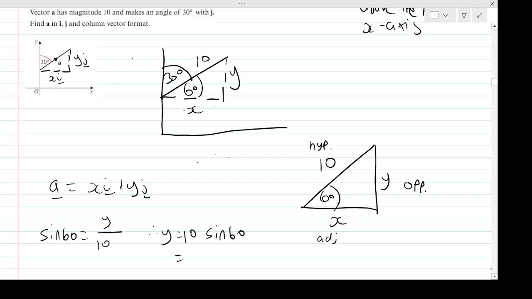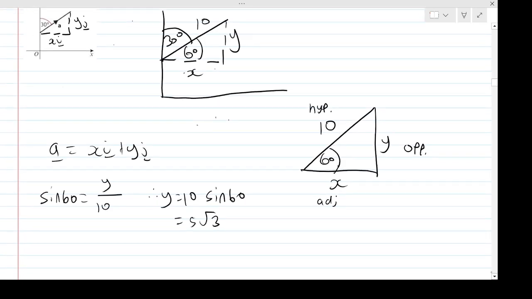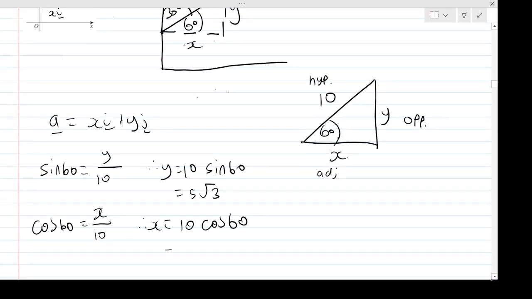If I put that in the calculator, then the y part is going to be 5 root 3. And then likewise for x we can use cos, so cos of 60 is going to be adjacent, which is x, over the hypotenuse of 10. So therefore x is going to be 10 cos 60. If I put that in the calculator, that comes to 5, okay?